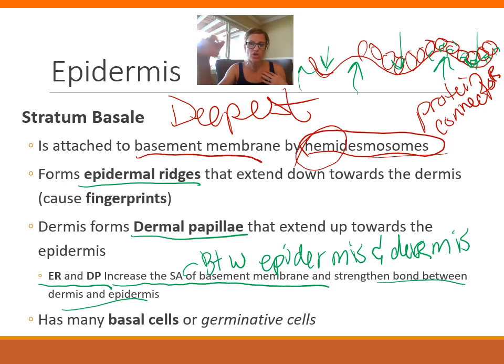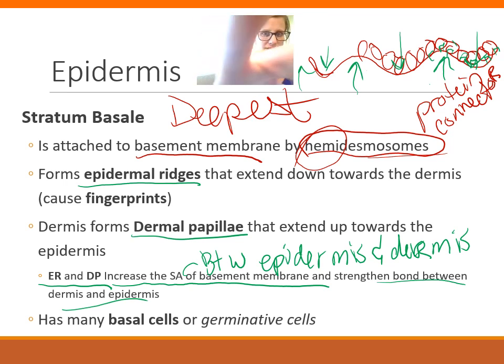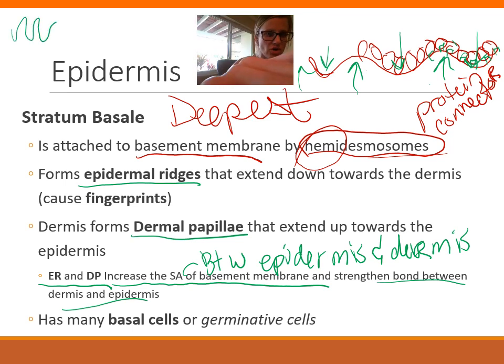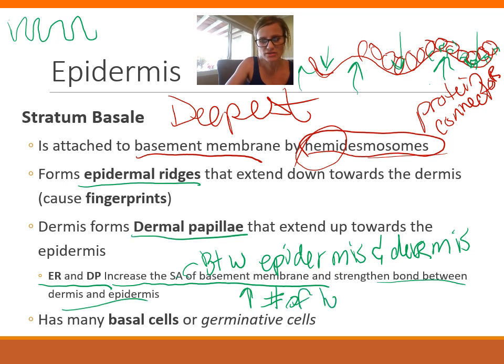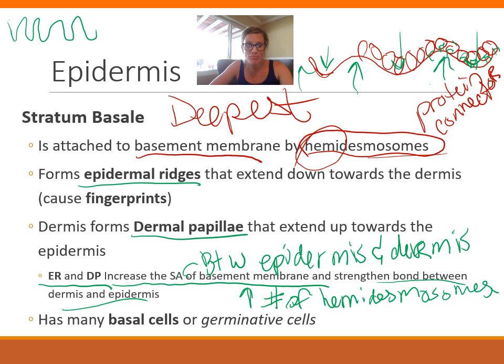So we want a really strong attachment between the epidermis and the dermis. Having these epidermal ridges, having the curvy line, increases the amount of area between the two layers, and increasing the surface area increases the number of hemidesmosomes that you can have. More hemidesmosomes, more staples, stronger attachment.